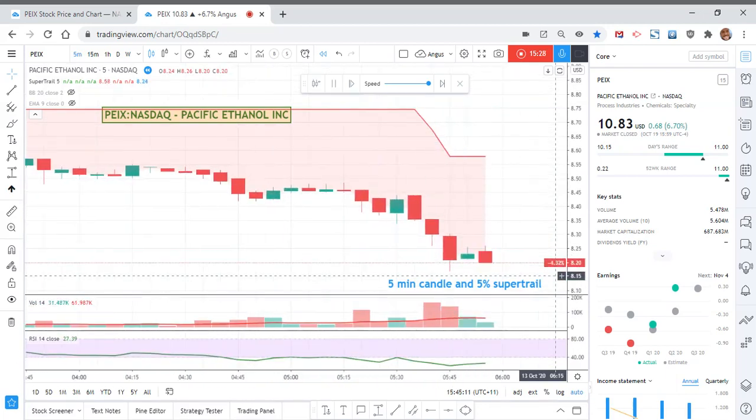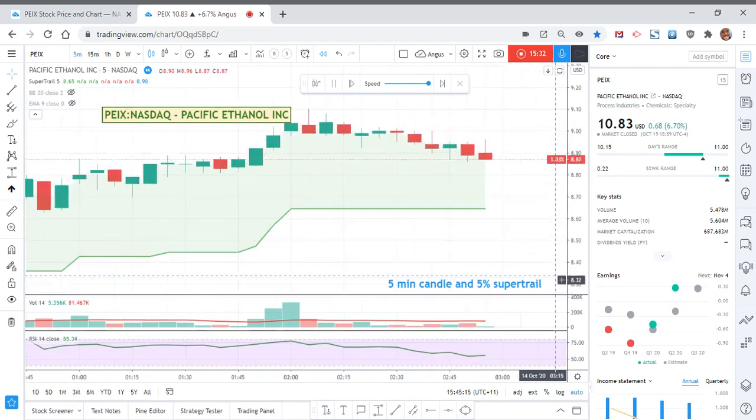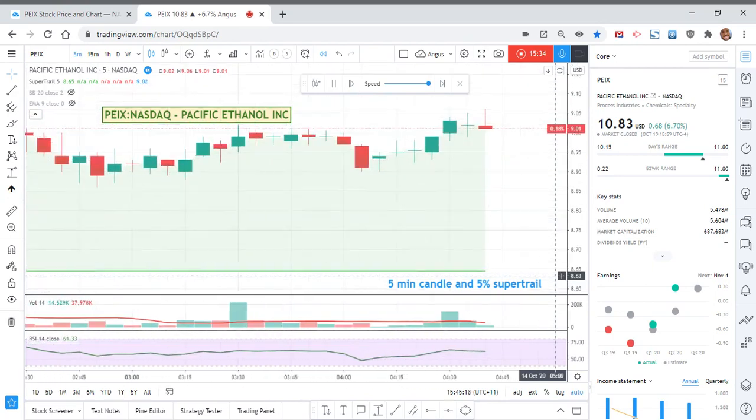It's still telling us to stay out of the trade. Back in. Nice little run from the low 8s up to 9.